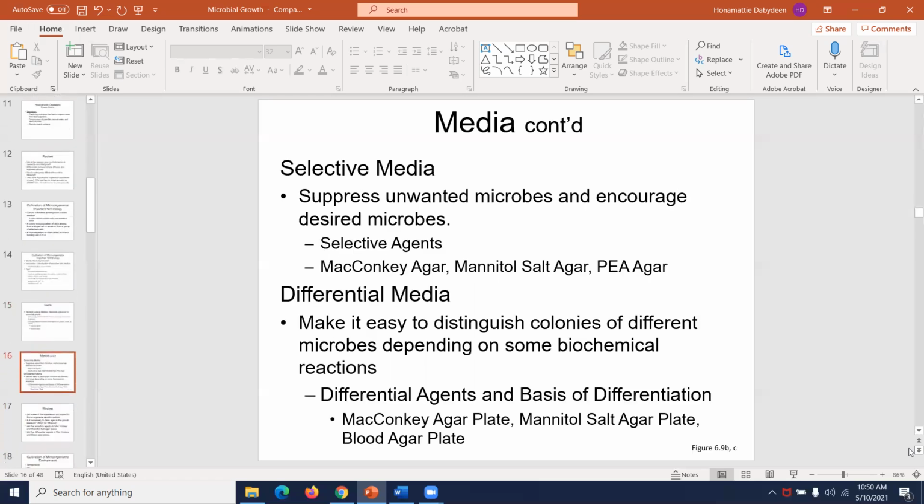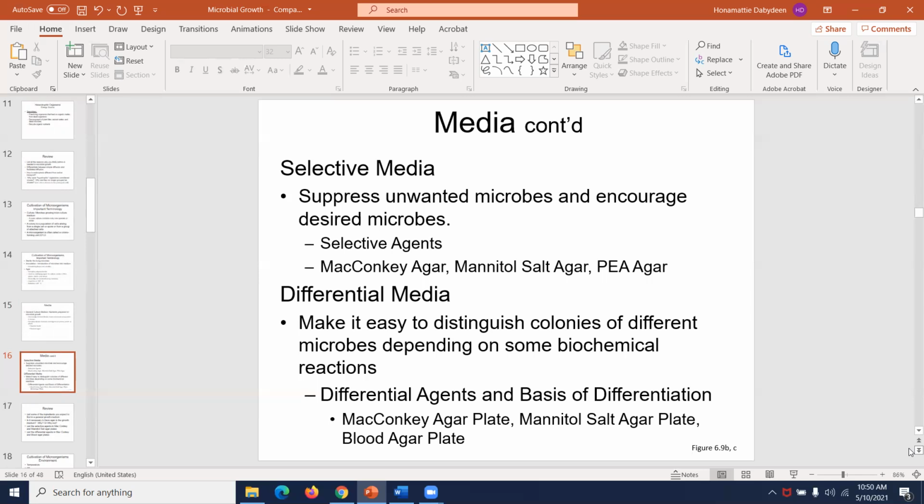Now, we can make media with added ingredients. And these added ingredients could make media selective. Some added ingredients will suppress the growth of some organisms and allow others to grow. In that sense, we're selecting what we want to grow and what we don't want to grow by using what we call selective agents.